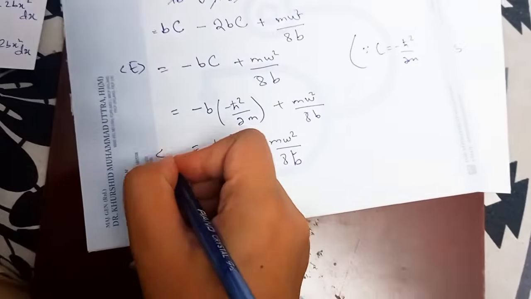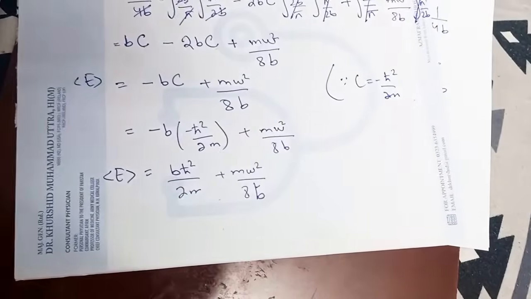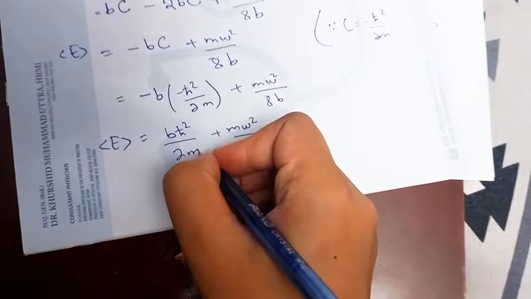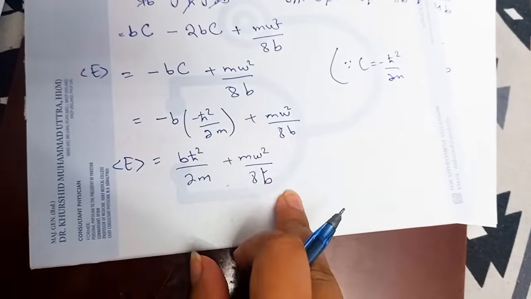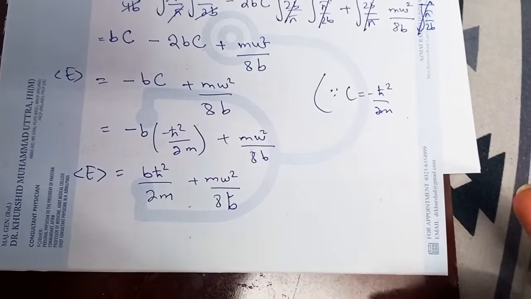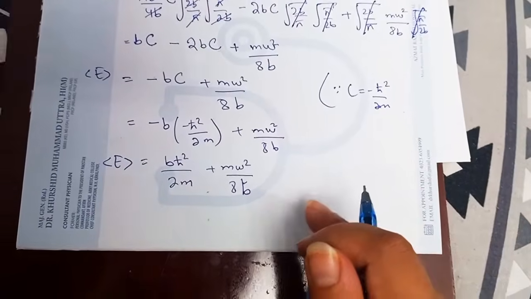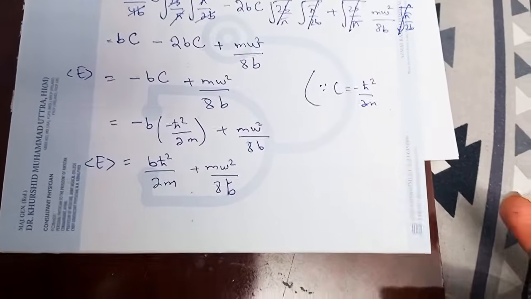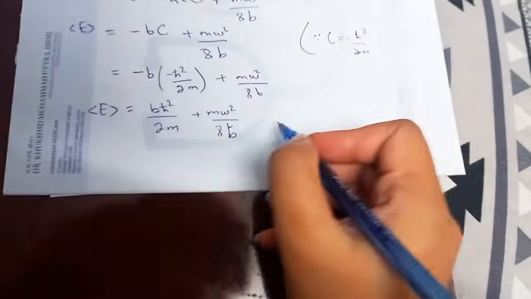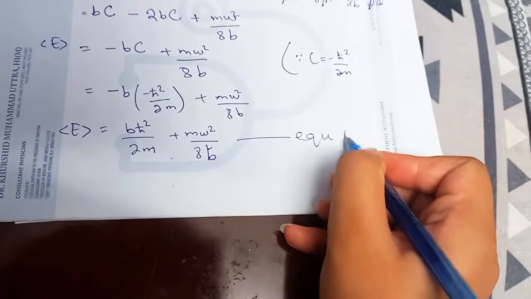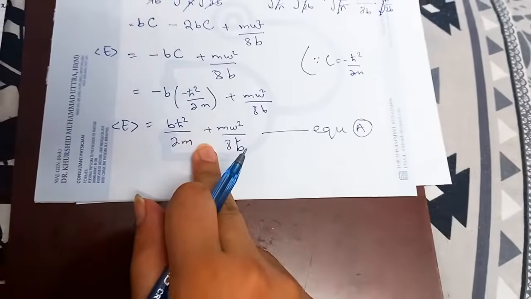This is the energy expression so far, and here the b is the adjustment parameter for the unknown features of the wave function. Okay, next step is to use the variation equation. Okay, variation scheme, let's call it equation number A. We'll use it later.